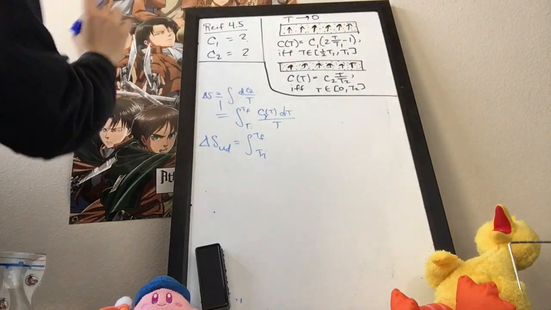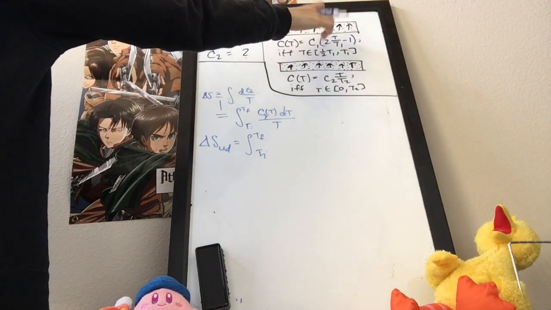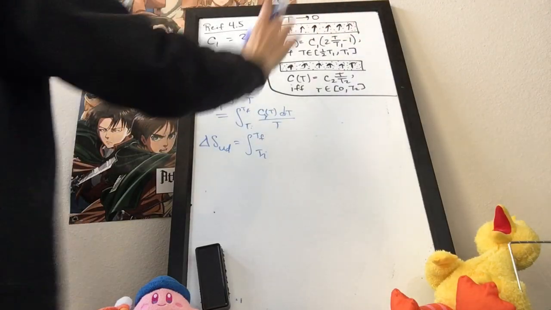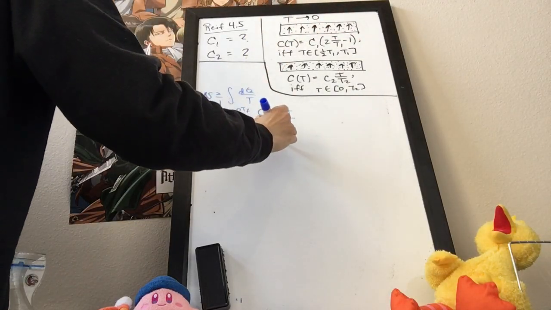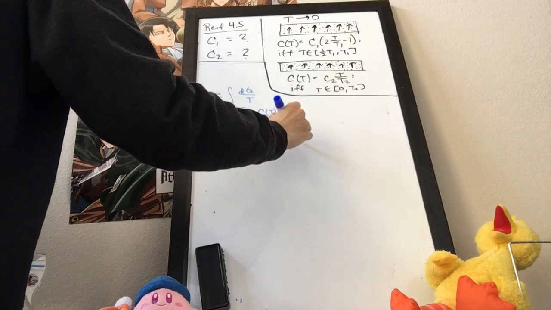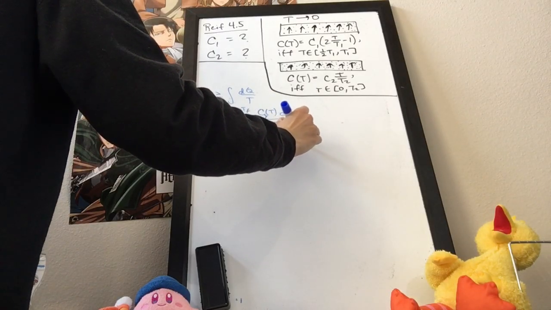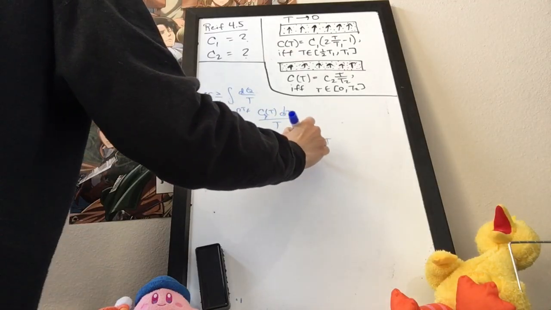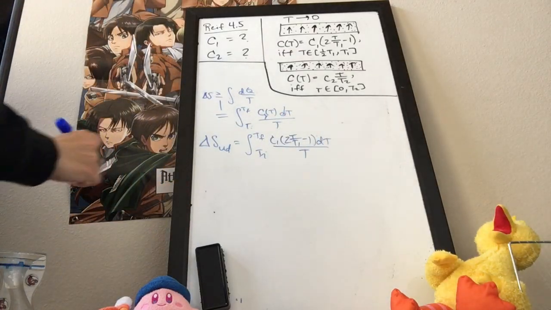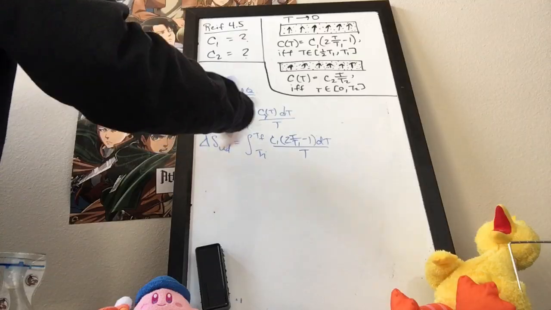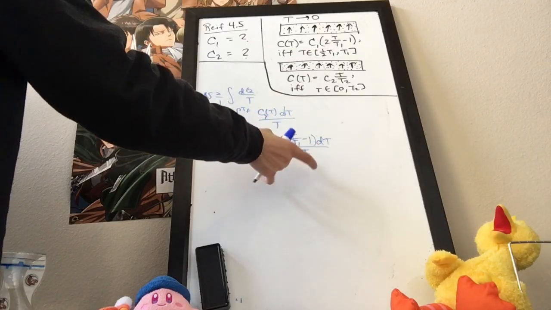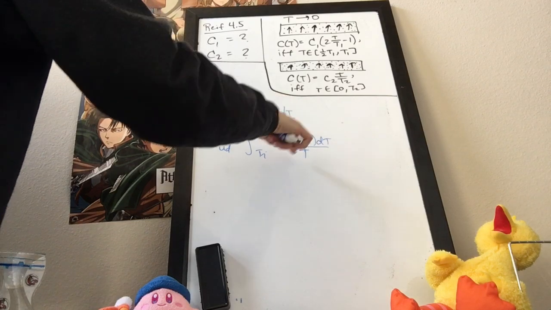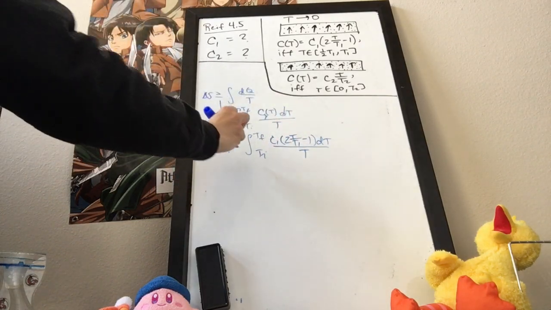of this function here, the C1 times 2 and so on. We can take that and just plug it in. So we get C1 times (2T over T1 minus 1) dT over T. Then we just simply evaluate it. Let's do some cleaning up on the integrand here. We can distribute this T term across all of these.